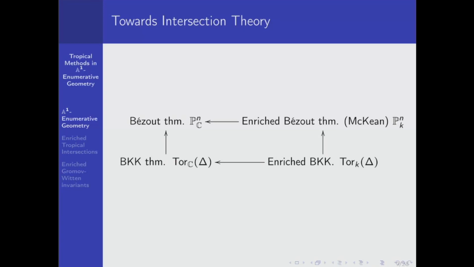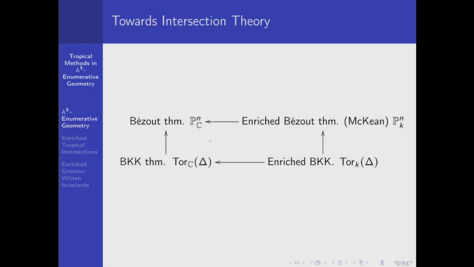So now we have two directions for it to generalize. There is a proof of the Bézout theorem for arbitrary fields. This has been done by McKean, also in 2021. And over the complex, there is a generalization of intersections of hypersurfaces, not in Pn, but in a toric variety.